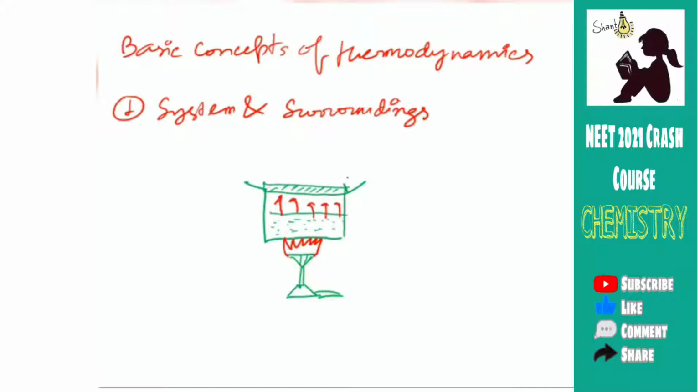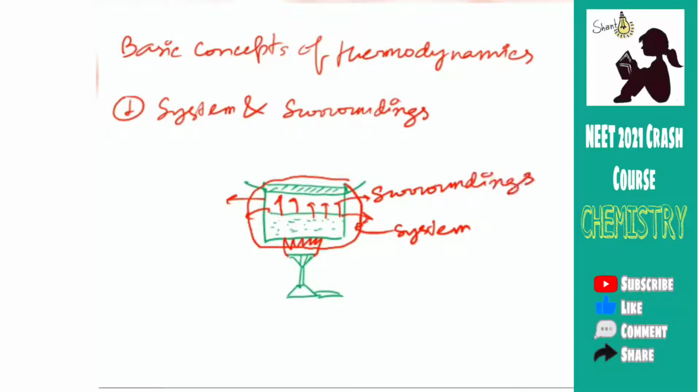That means this whole jar or beaker is our system here. Now this jar is not only taking part in this reaction but also emitting some heat outside, right? So except this jar, all the things that are outside of this jar will be called our surroundings.